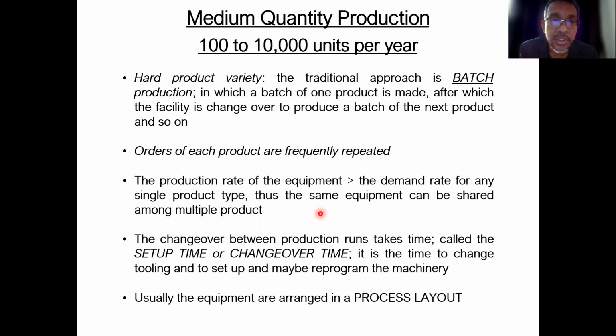So they can do the changeover of the tooling as well, the equipment on the machine, but it takes time. They take some time to fix to cater for the changeover. They also may need to reprogram the machinery.